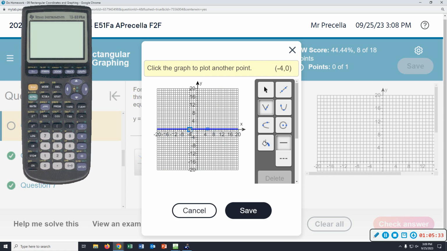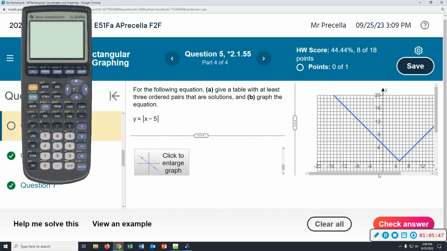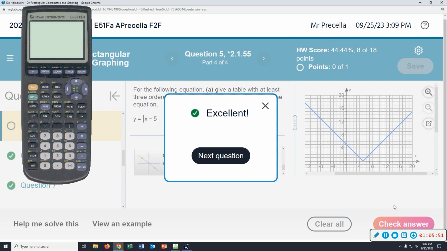Negative 5, 10. Is that a positive 10? Is that it? So I'll click it, save it to transfer it back to this big grid here. Check my answer. For absolute value expressions, the first point you must plot is the vertex.